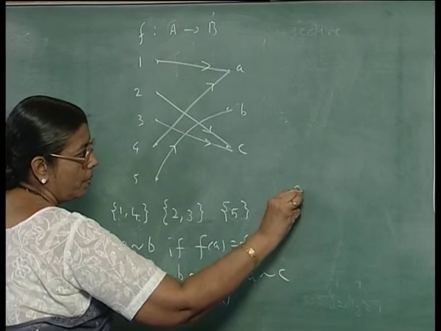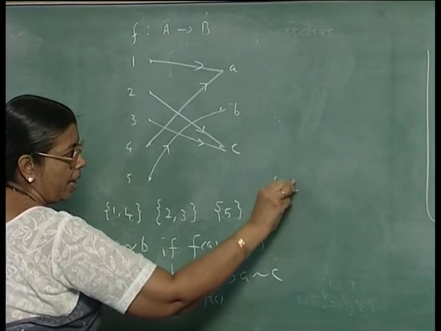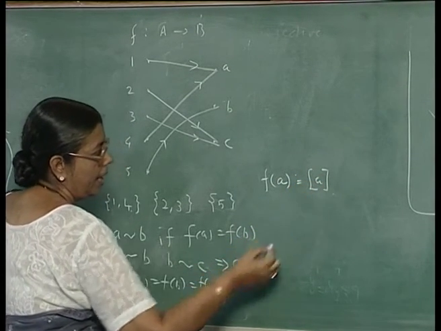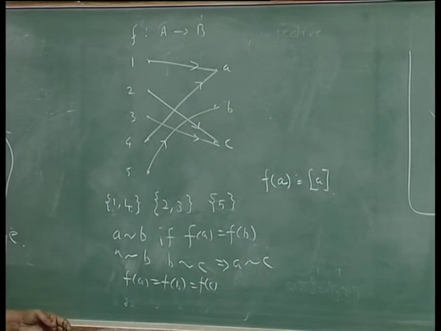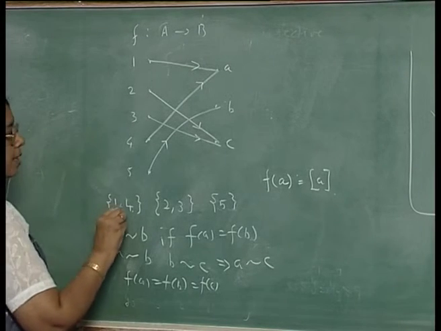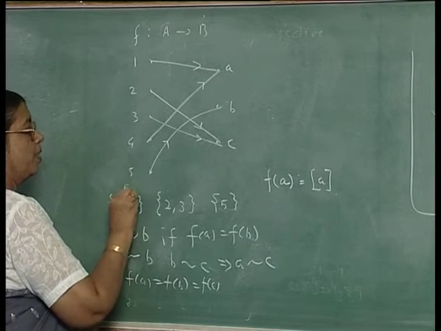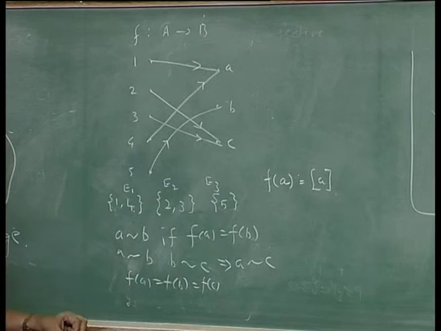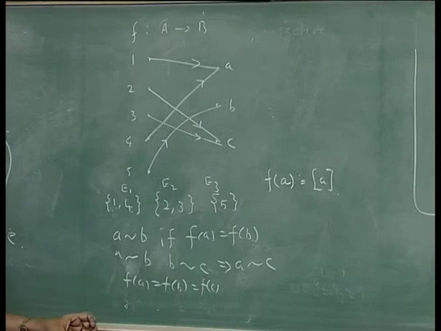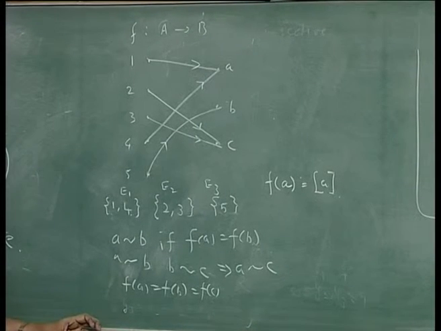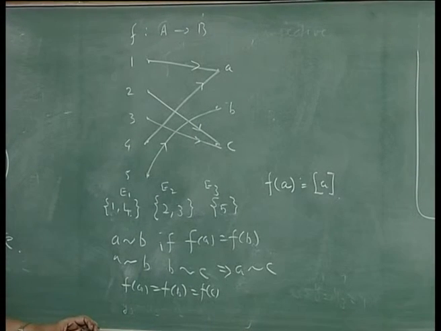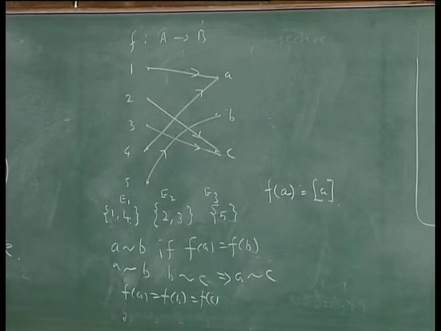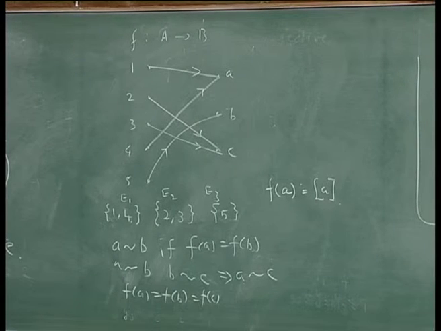So, f of A is the equivalence class containing A. Here there are 3 equivalence classes. If I call them E1, E2, E3, 1 and 4 are mapped on to E1, 2 and 3 are mapped on to E2, 5 is mapped on to E3. Such a map is called a canonical map and is denoted by A/R.